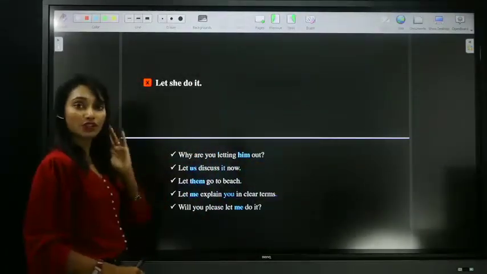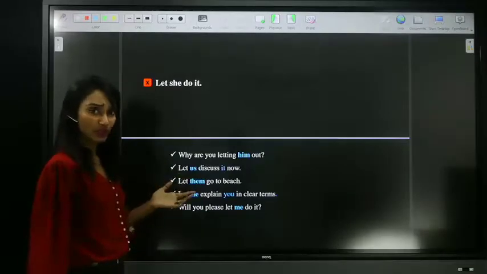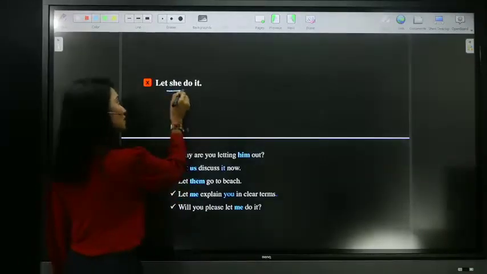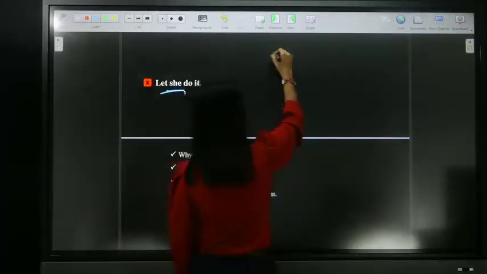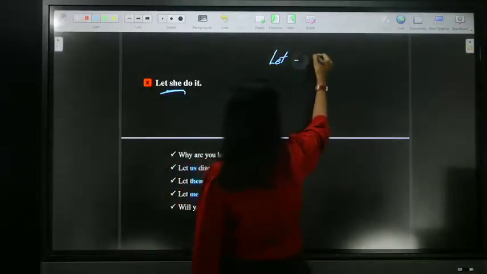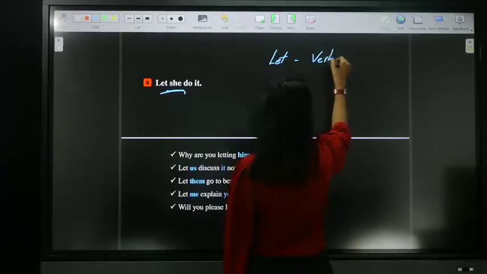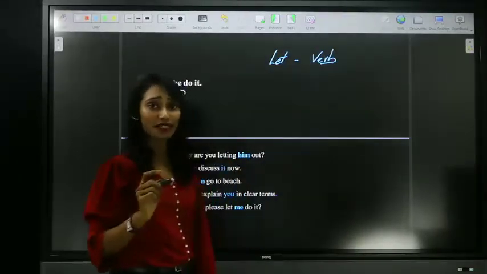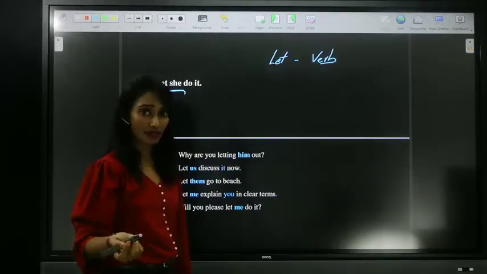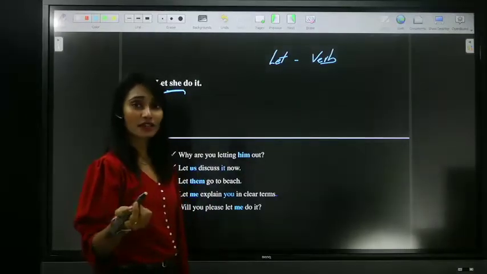Let she do it. Can we say let she do it? See guys, let is a verb. So this is an imperative sentence. We know the types of sentences which we have discussed in our previous classes. In demo session, we have discussed basics.